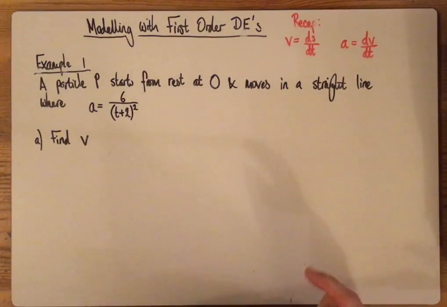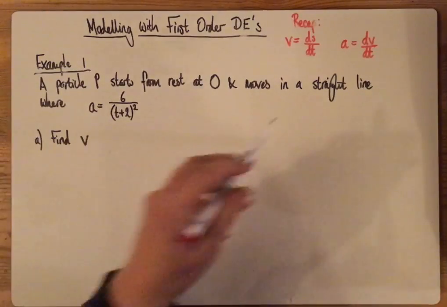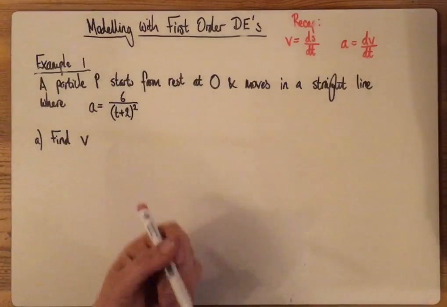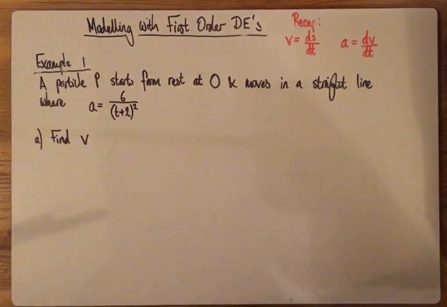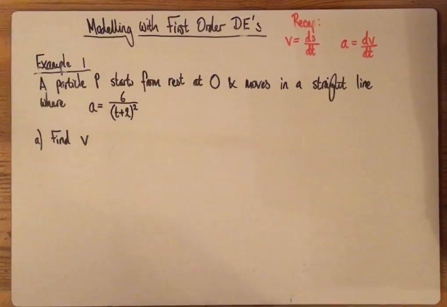And so you can integrate to work backwards. So displacement is the integral of velocity, and the velocity is the integral of the acceleration. We're integrating because we're solving first order differential equations.